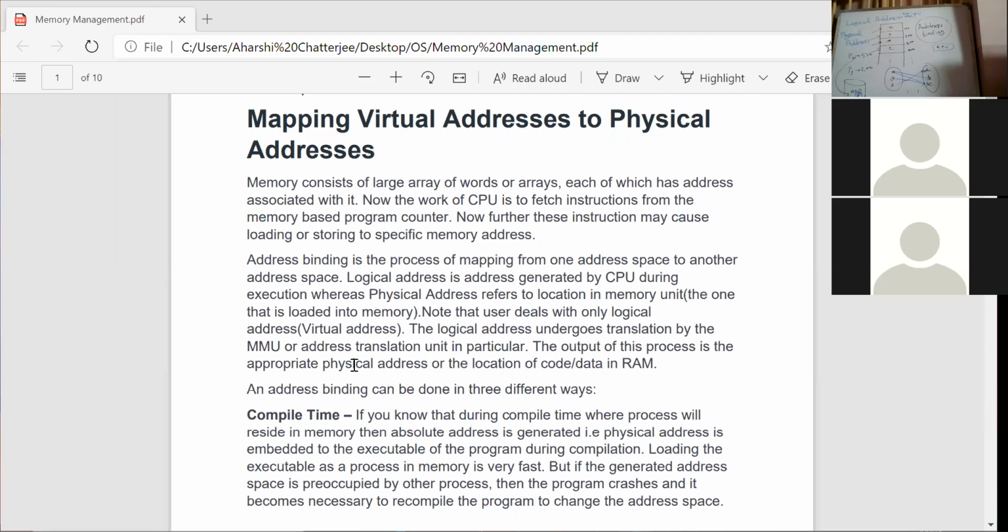Here some translation is done by a unit, a mechanism known as memory management unit, MMU. I will show you its responsibility later on. The responsibility of this MMU is to translate the logical address to the physical address, which is the actual address of that data item in the RAM.